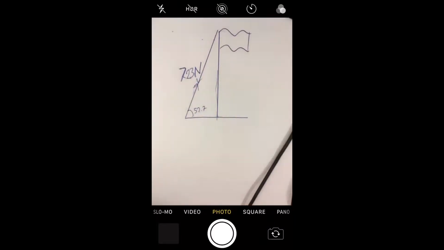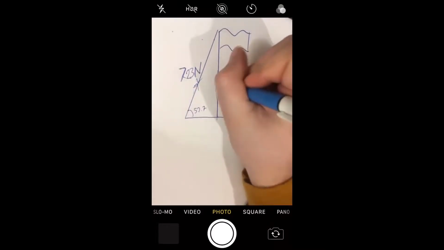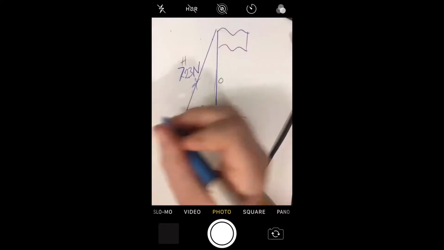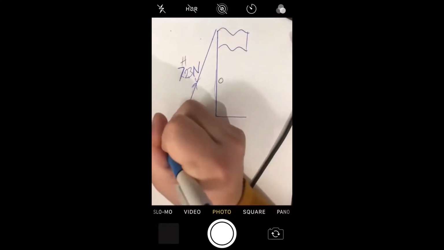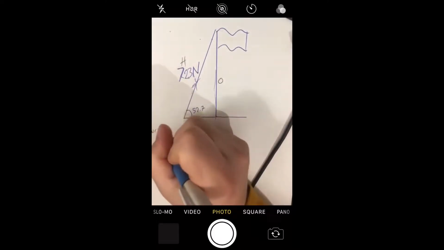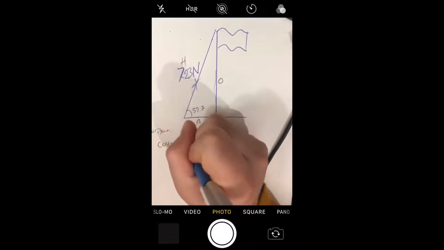If I label this opposite, adjacent, hypotenuse, and I want to know the horizontal component, that's adjacent and hypotenuse, so cosine theta equals adjacent over hypotenuse.